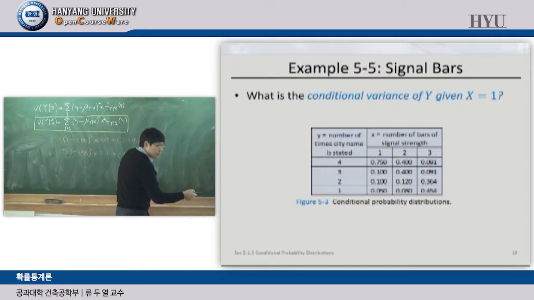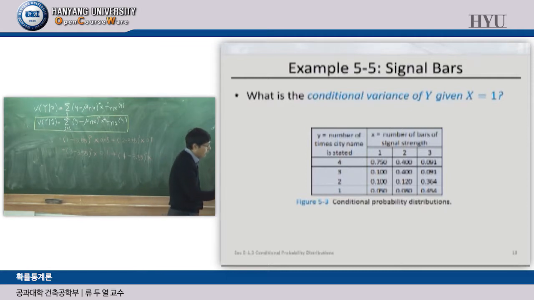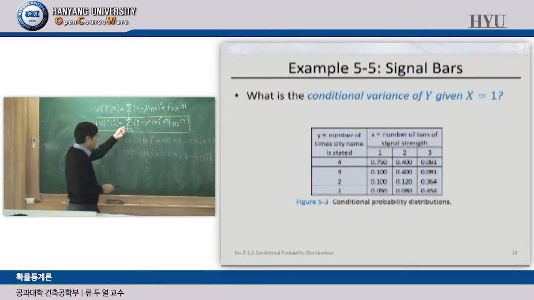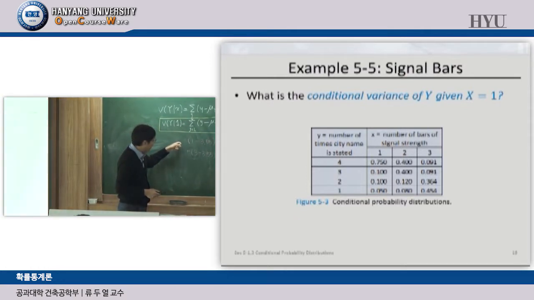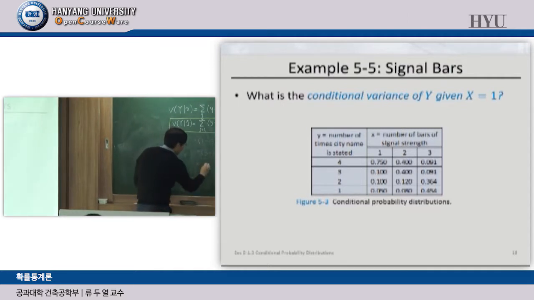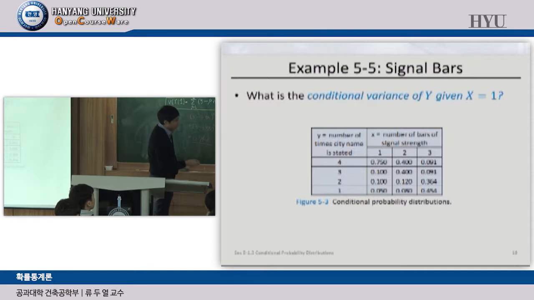This is the conditional probability mass function when y is equal to 4 and x is equal to 1, so that is 0.75. Based on this equation, if you solve it, the answer will be 0.748. So we can simply calculate the conditional variance of Y given X when x is equal to 1.